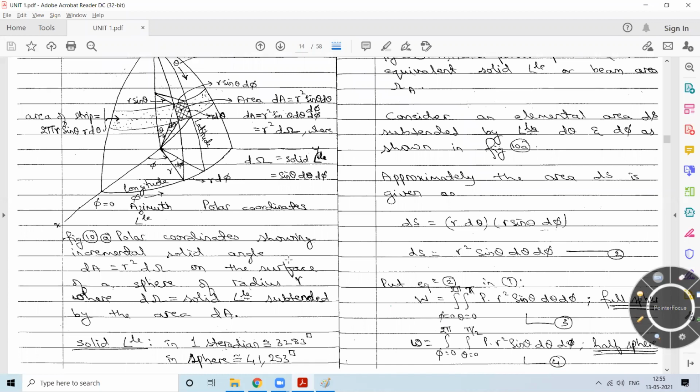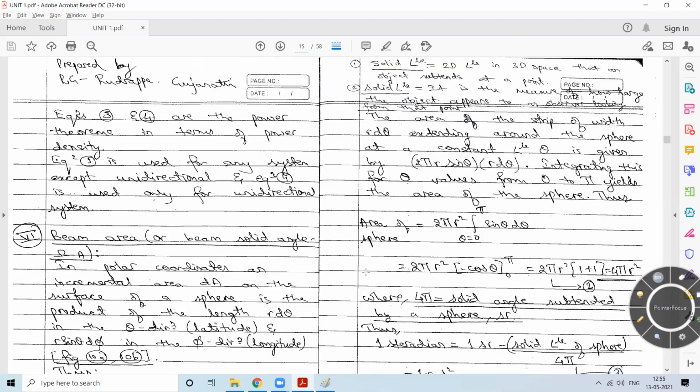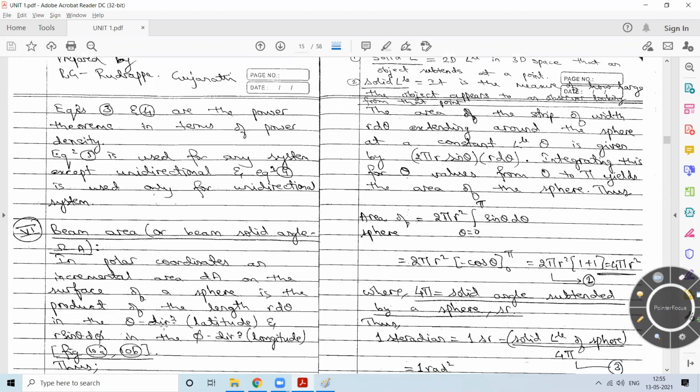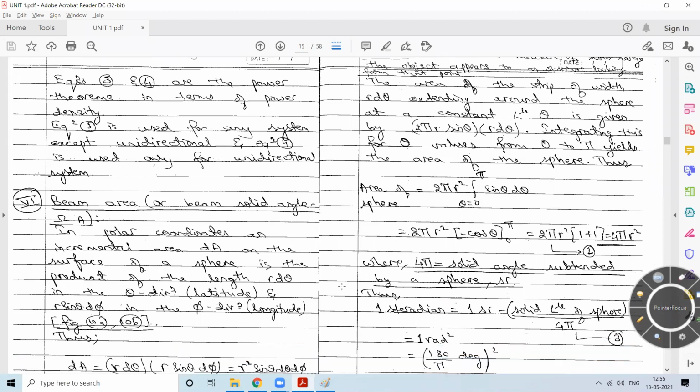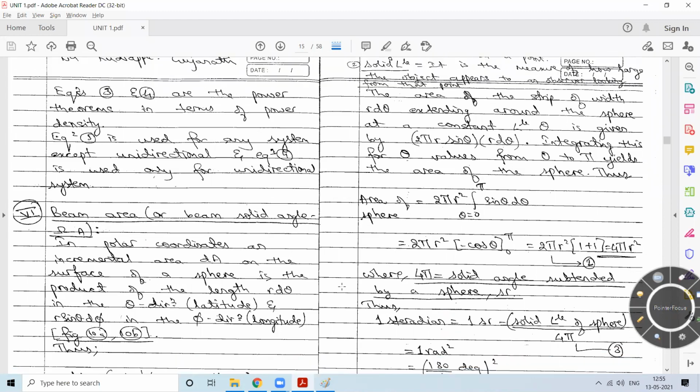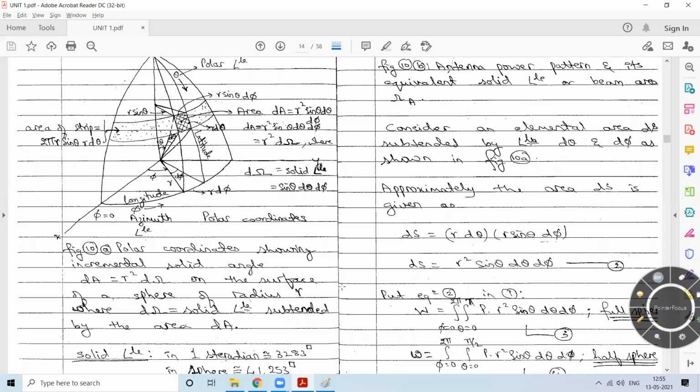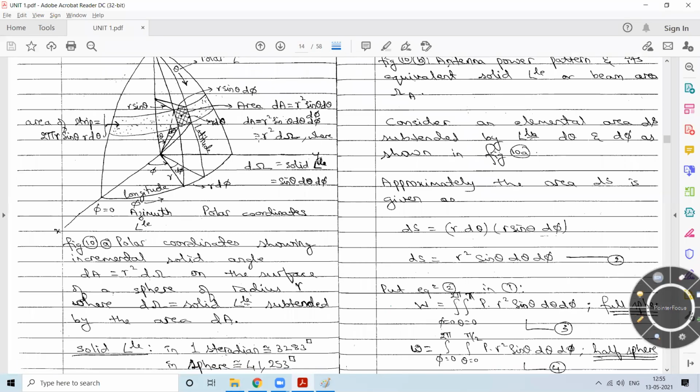So now we have something related to solid angle, so that we'll again be discussing in the next concept, beam area. So here, what is actually beam area or beam solid angle? Whenever we consider the polar coordinate system or the spherical coordinate system, we saw that we obtained the elemental surface area as r square sine theta d theta d phi.